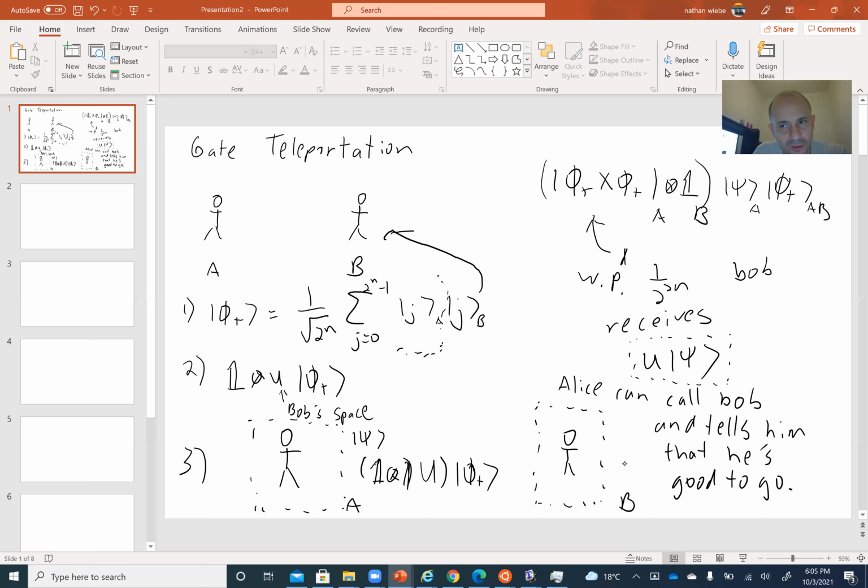This is something that was initially very weird, because the distance between Alice and Bob can be arbitrary. So what ends up happening in the protocol is that when Alice ends up measuring her state, and if she succeeds, then immediately the state that Alice knows Bob has on the other side ends up becoming U psi.